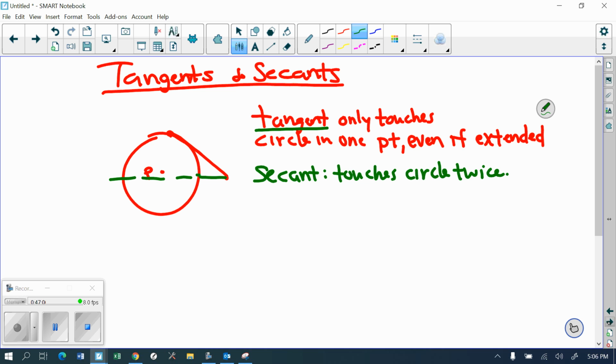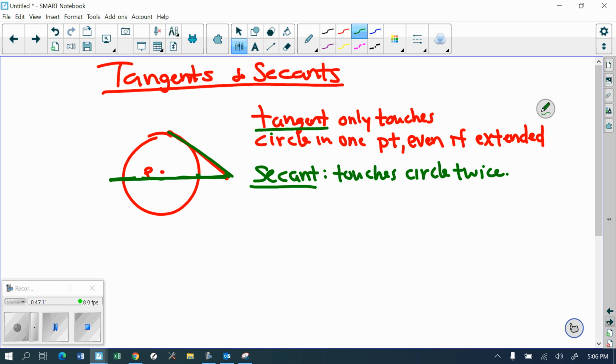Okay. So that's what a tangent is, this one's the tangent, and this one is the secant. So those are definitions to know.